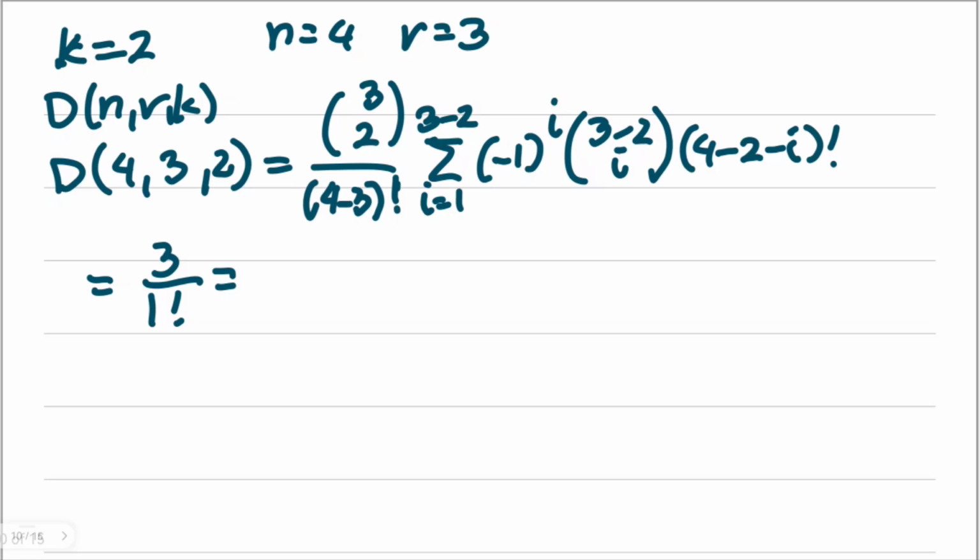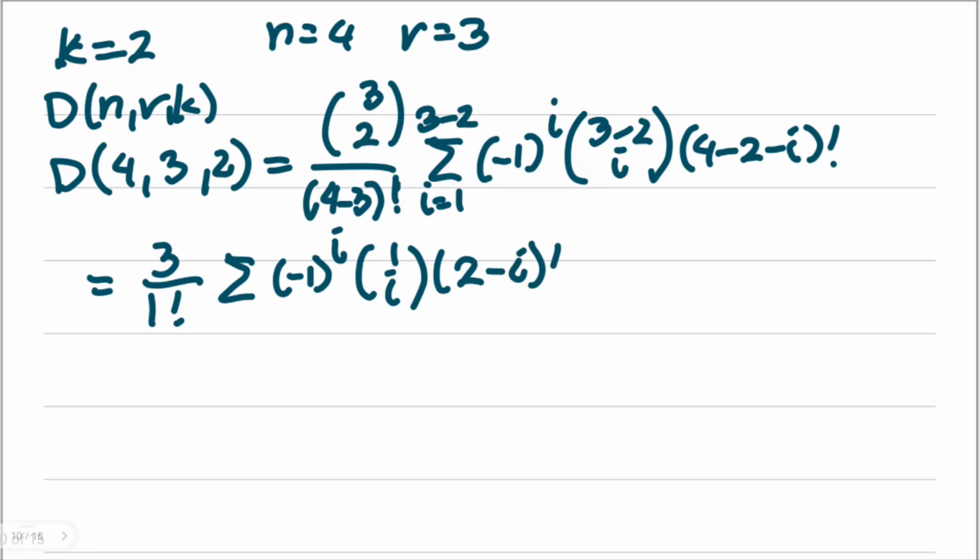So you have here, summation of negative 1 raised to I, that's 1 combination I, 2 minus I factorial, where I starts from 0 to 1, because that's our r minus k.